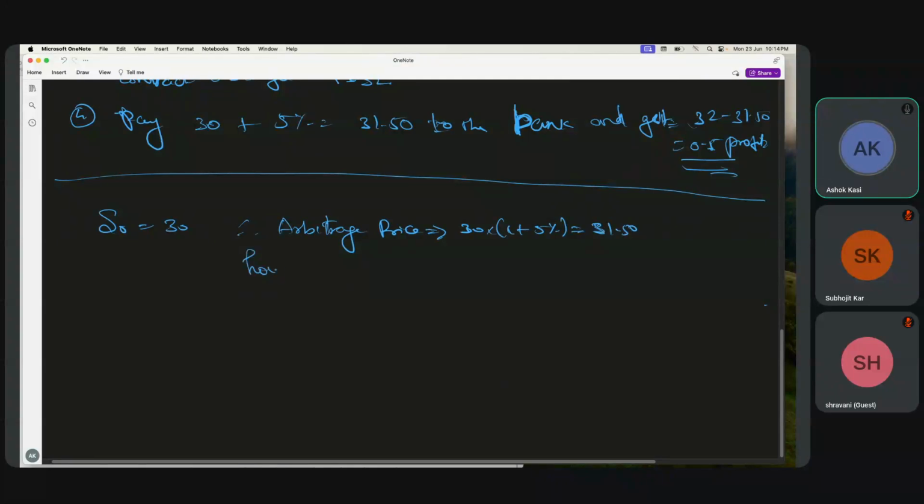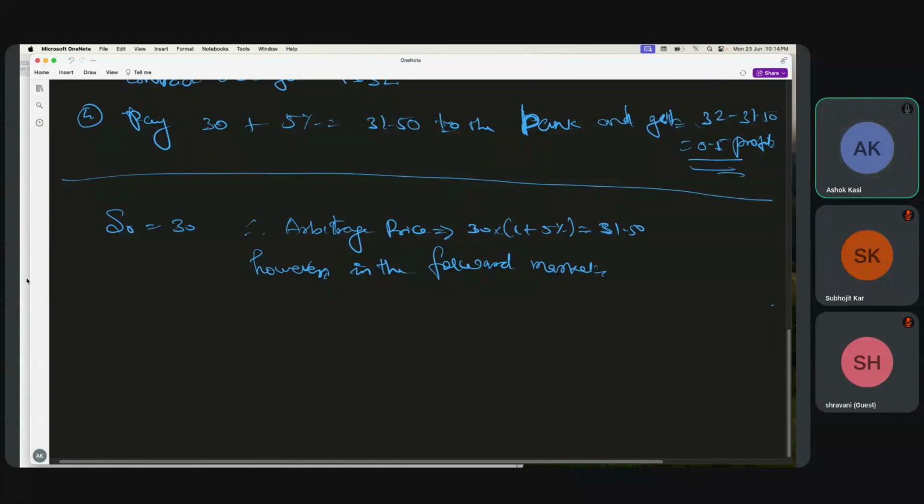However, in the forward market, it is available at 31. What should it be? 31.5. What is it trading now? 31. Risk-free rate is 5 percentage.